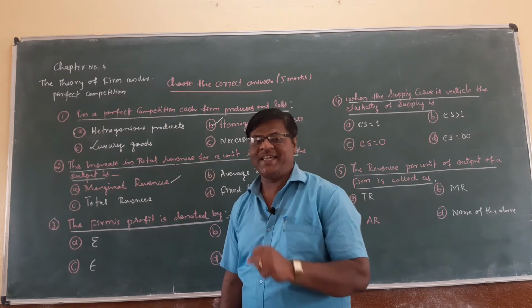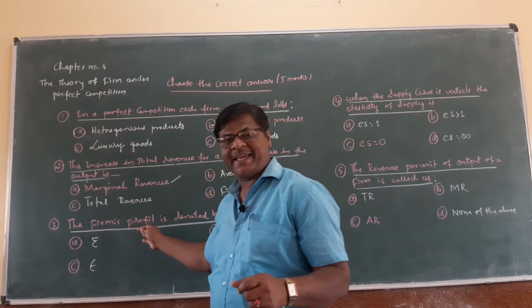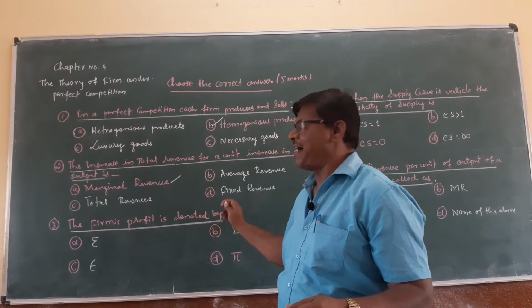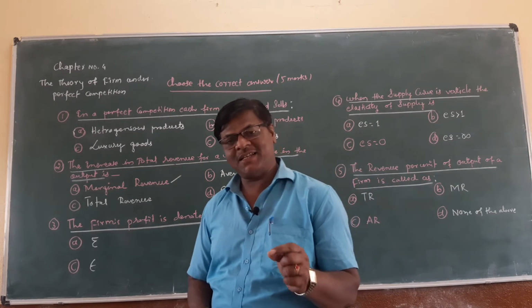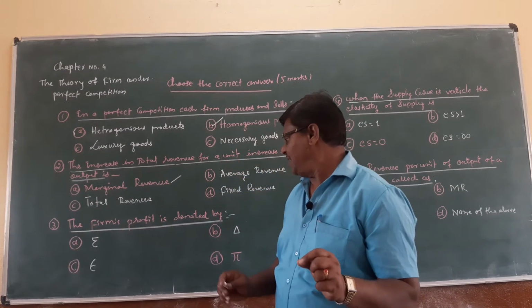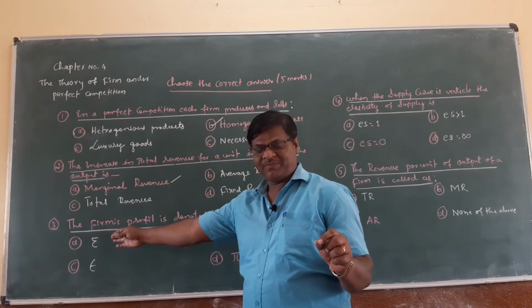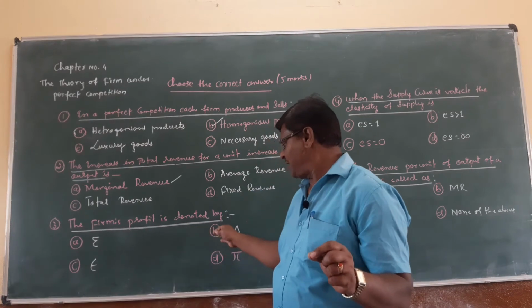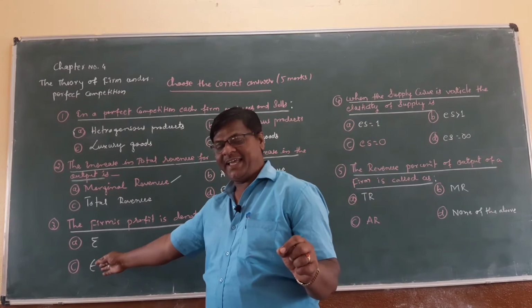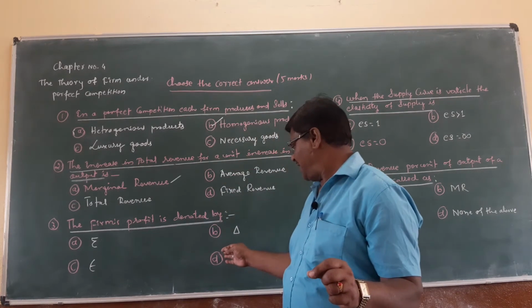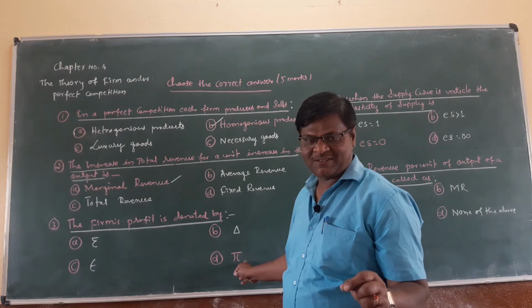And the third question is, the firm's profit is denoted by, option A, summation, option B, delta, option C, E, option D, pi, like this, profit.